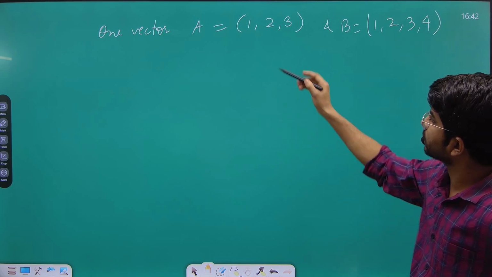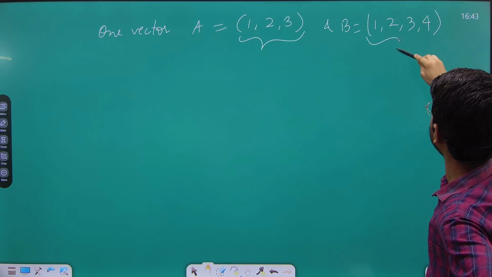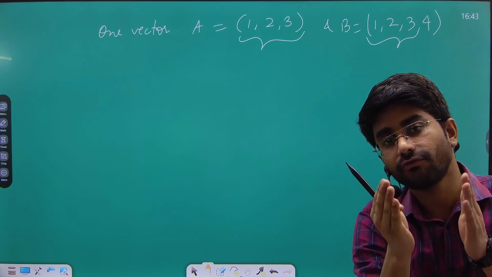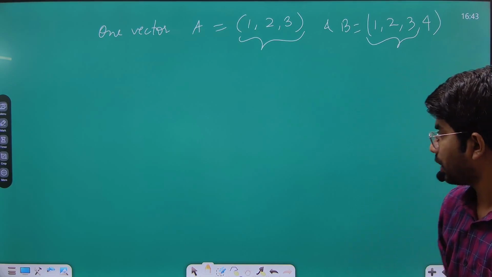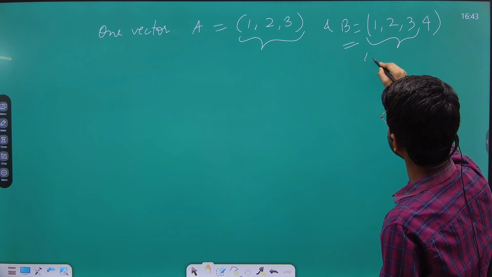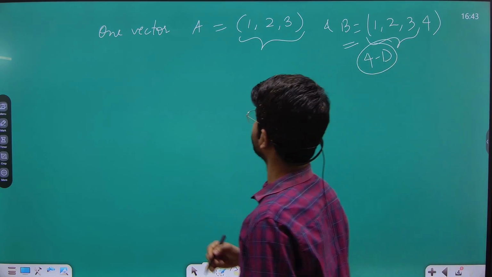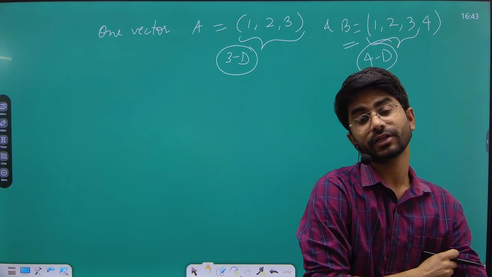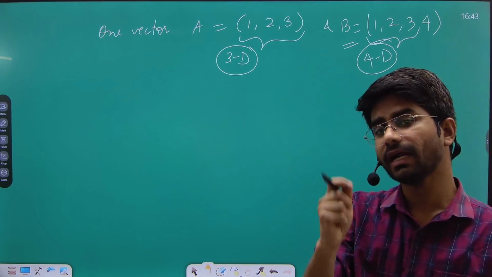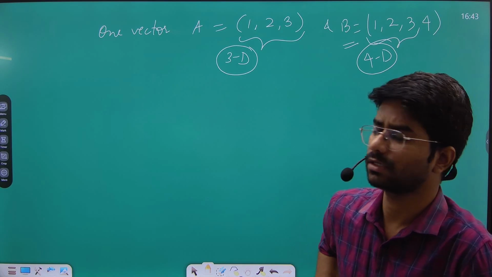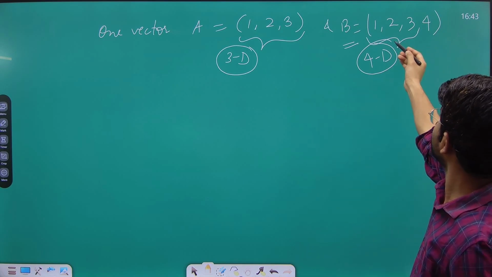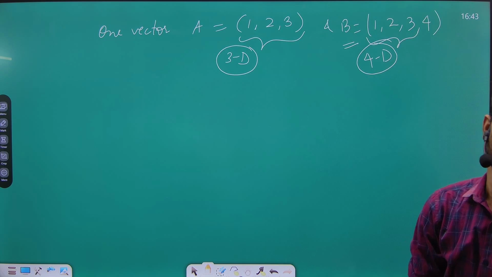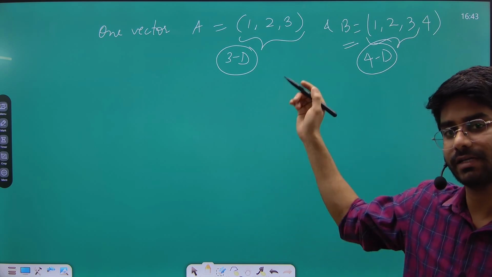So you see that the first three elements of both the vectors are the same, but the fourth element is present only in the second vector. So this second vector is of 4D space, while the first vector is of 3D space. And you know that a three-dimensional figure can't be compared with a four-dimensional figure. Okay, so since the vector B has a fourth element, it is not equal to vector A.